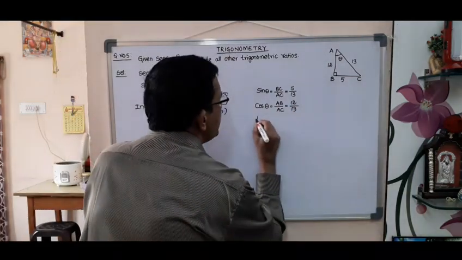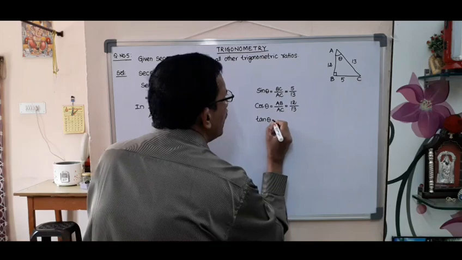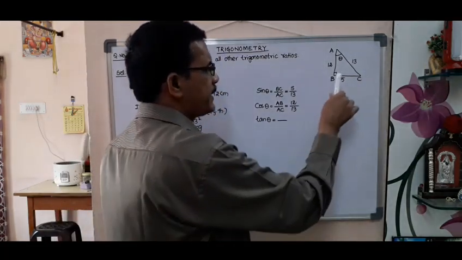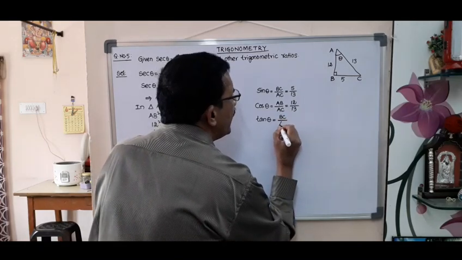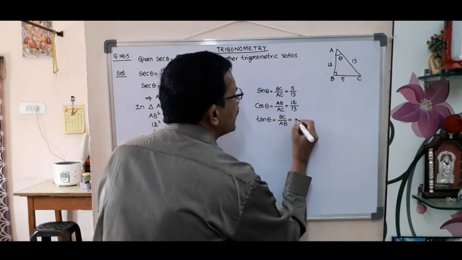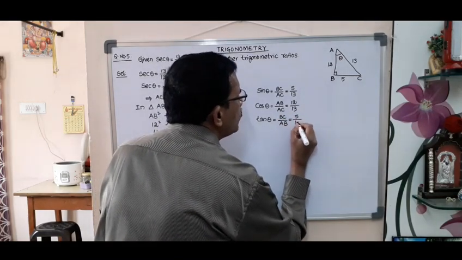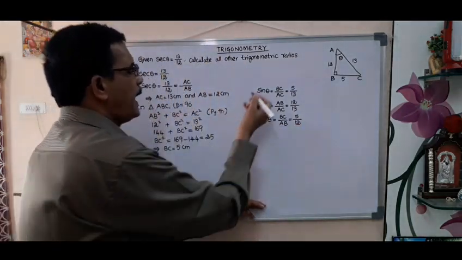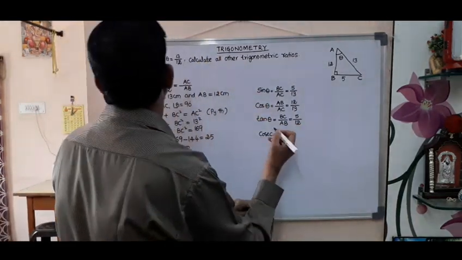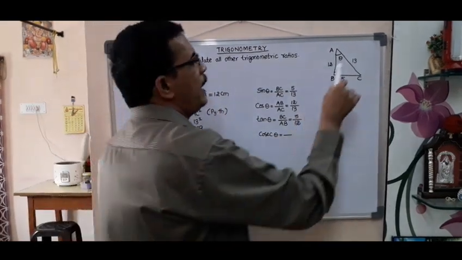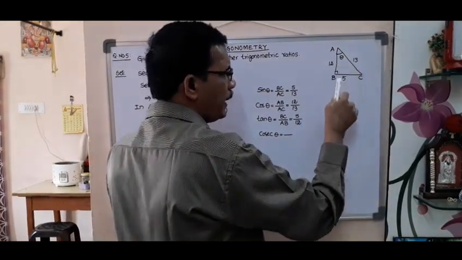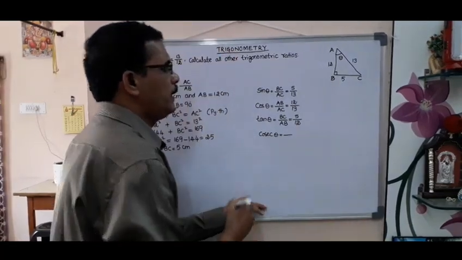Now tan theta. Definition: opposite side to theta by adjacent side to theta. BC by AB is equal to 5 by 12. Now the reciprocal of sine, cosec theta. Definition: hypotenuse by opposite side to theta.